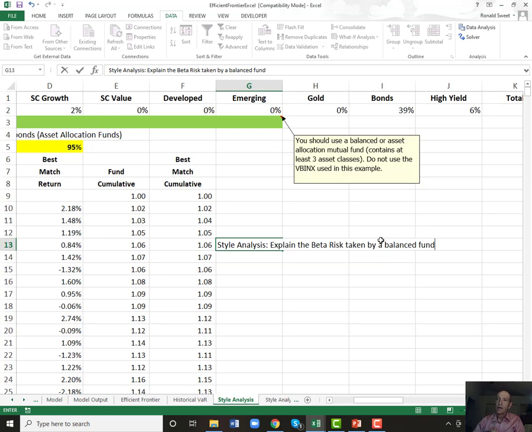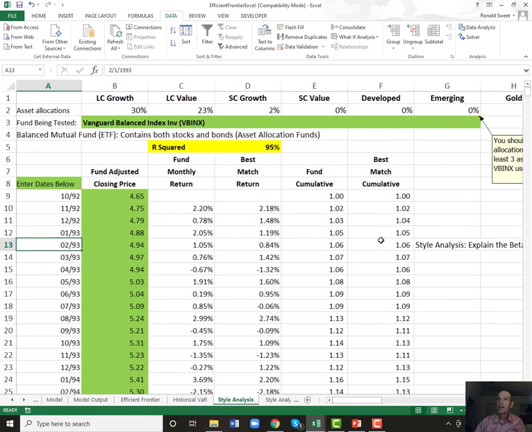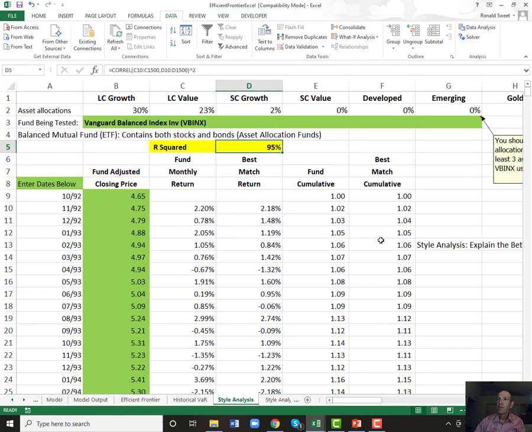Where are they taking their risk? What asset classes are they exposed to that can best explain the volatility of the fund? So with this fund, we're able to explain 95% of the volatility with this allocation. Now, what is this allocation? It's 30% large cap growth, 23% large cap value. So you can see it's a very large cap fund, very little small cap.